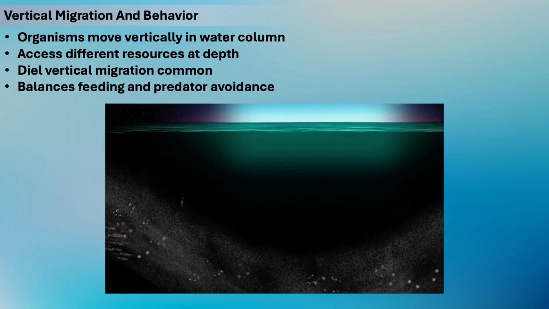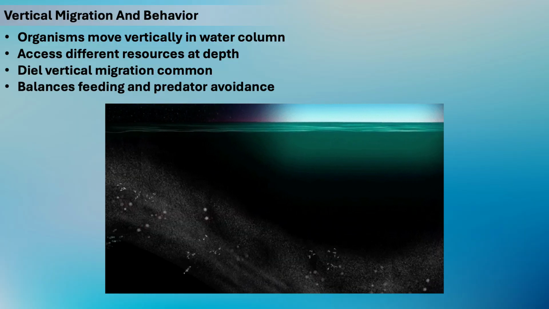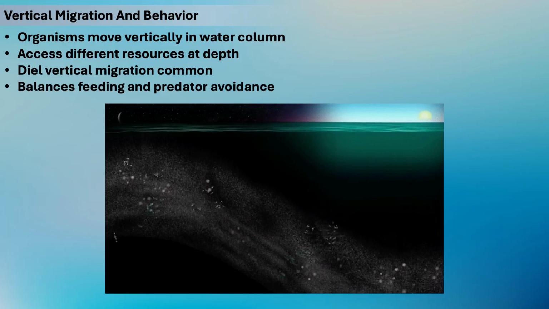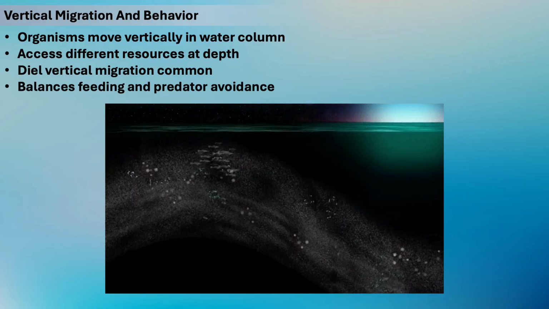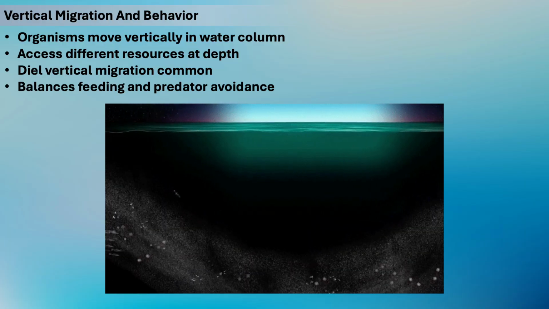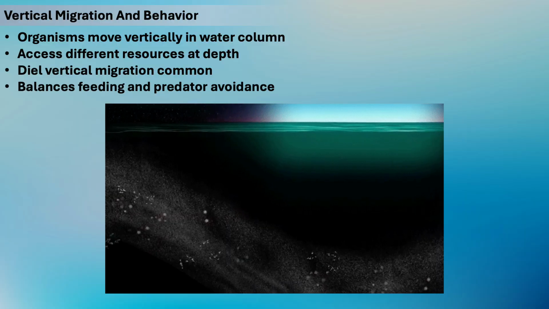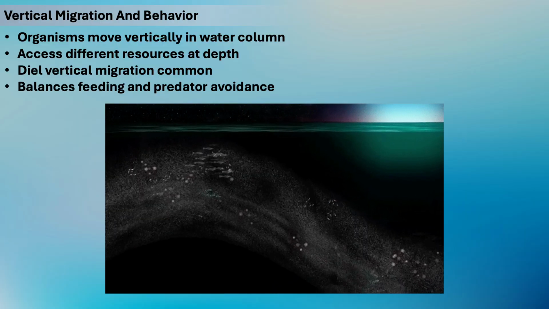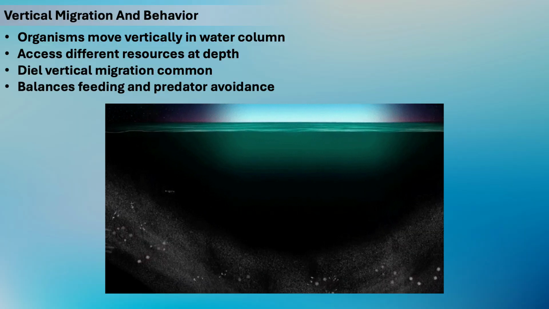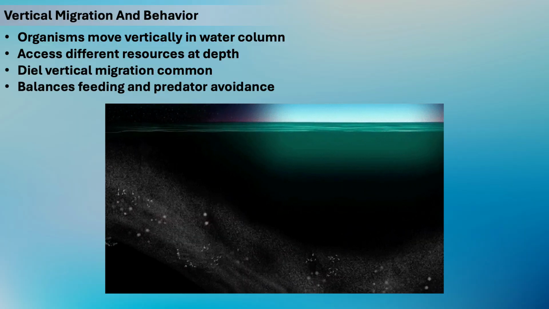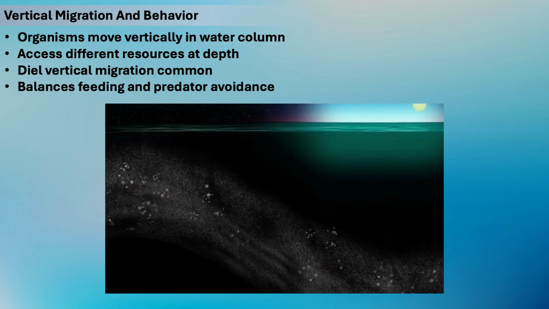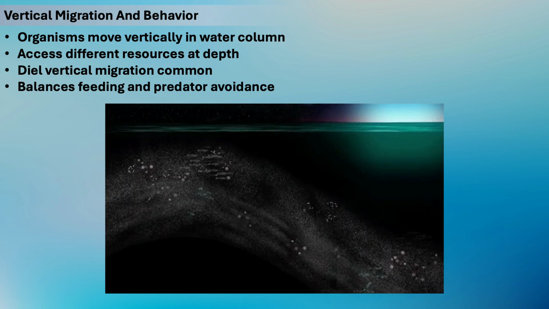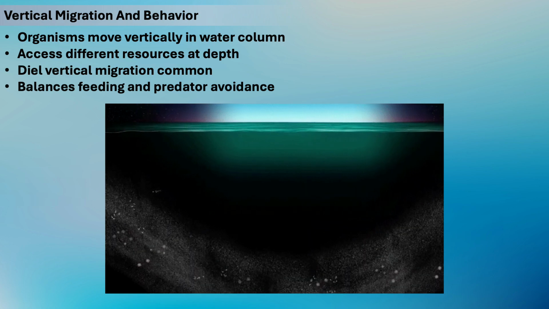Diel vertical migration also has significant implications beyond individual survival. Because these organisms feed at the surface and then descend to depth, they actively transport organic material downward through the water column. This process contributes to the movement of carbon and nutrients from surface waters to deep layers.